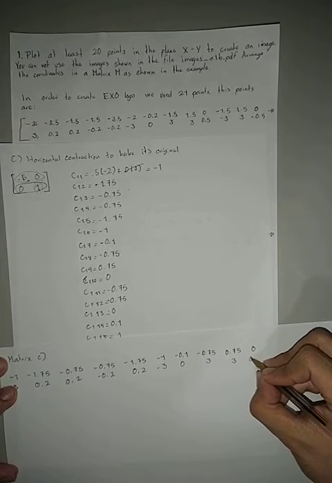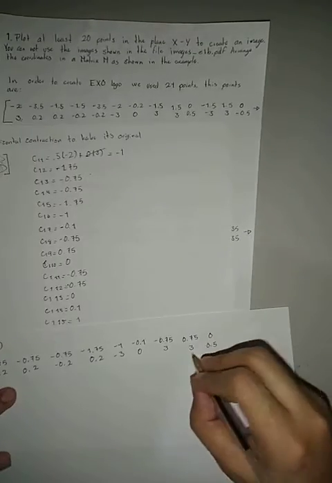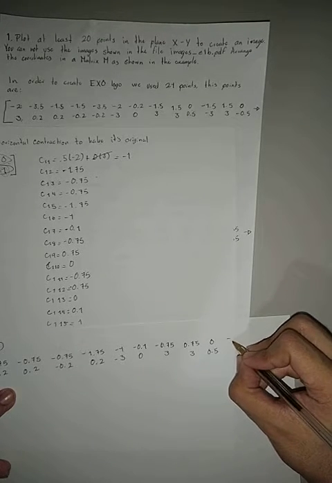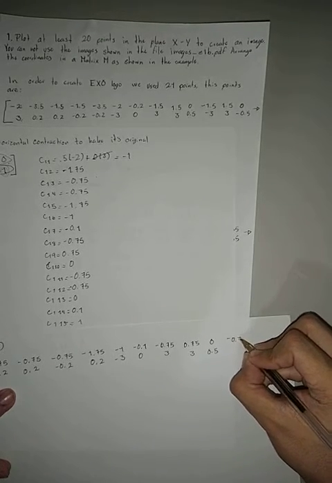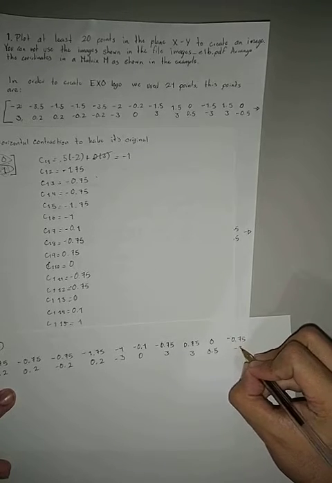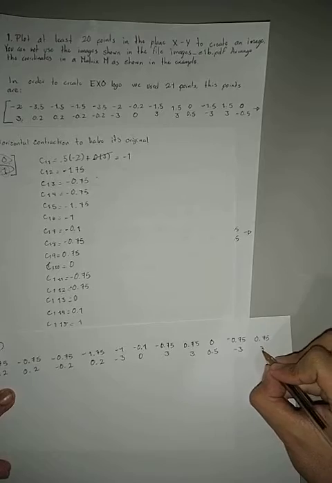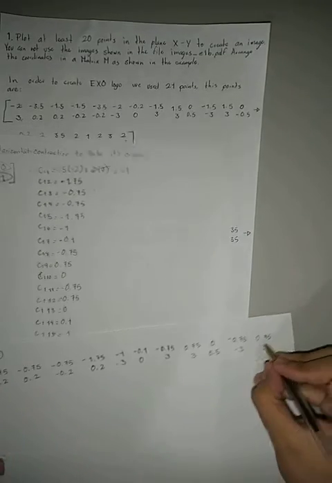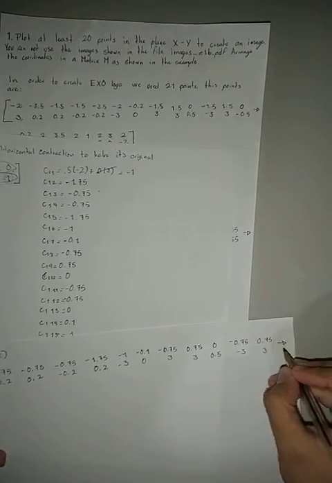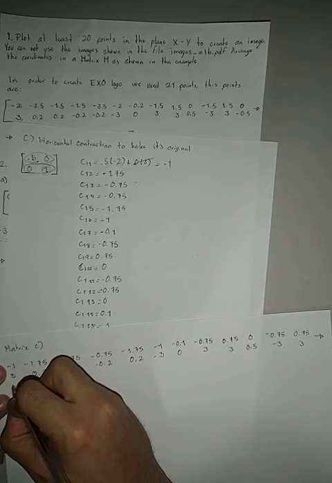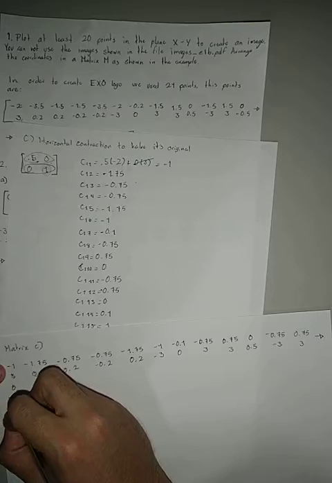0 and 0.5, these remain the same, minus 0.75 and minus 3, 0.75 and 3, and we continue below. 0 and minus 0.5.